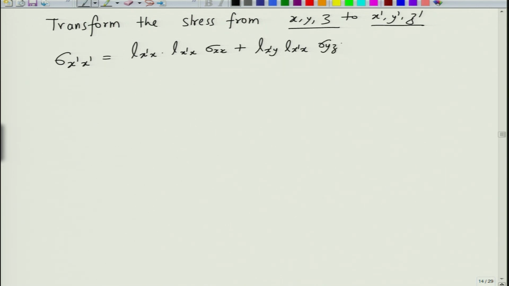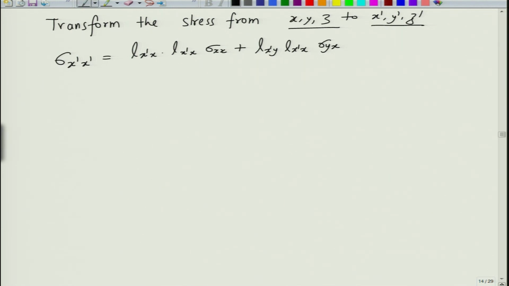yx. So, we can see that we are varying this: it was x prime x here, so we are varying the x to y, and this x corresponds to this x. So, this was x earlier, it becomes y, sorry, yx, because it was sigma mn.